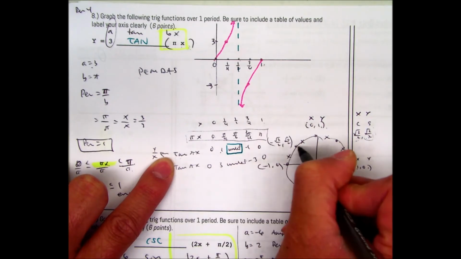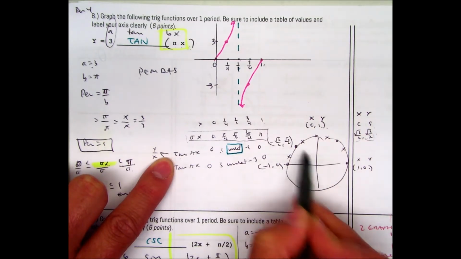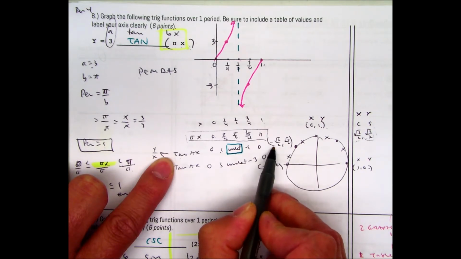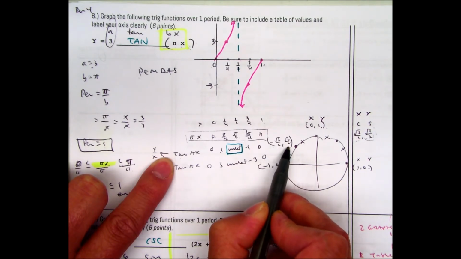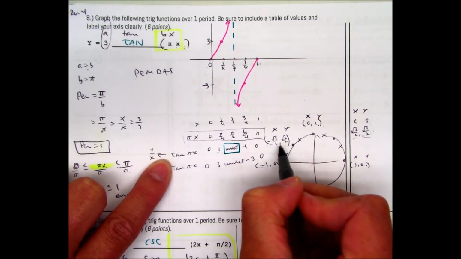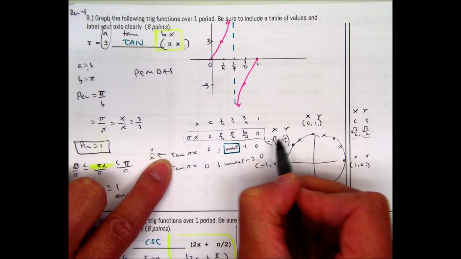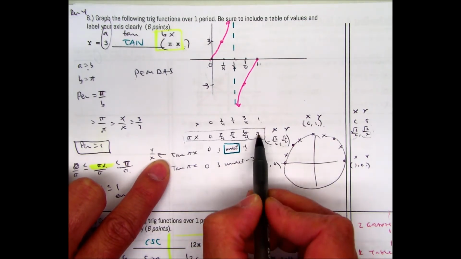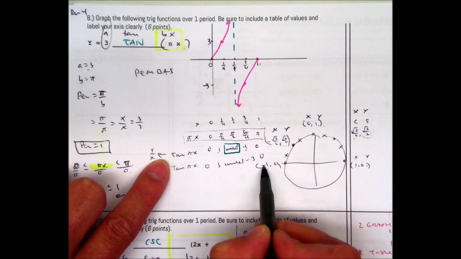At 3 pi over 4, that's this middle one here. Remember, anything to the 4, I'm using my unit circles, negative radical 2 over 2, comma radical 2 over 2. That would be this expression over itself equals 1, but you have a positive divided by negative, so that's going to equal negative 1. And then you have tangent at pi, the ordered pair is negative 1, 0.